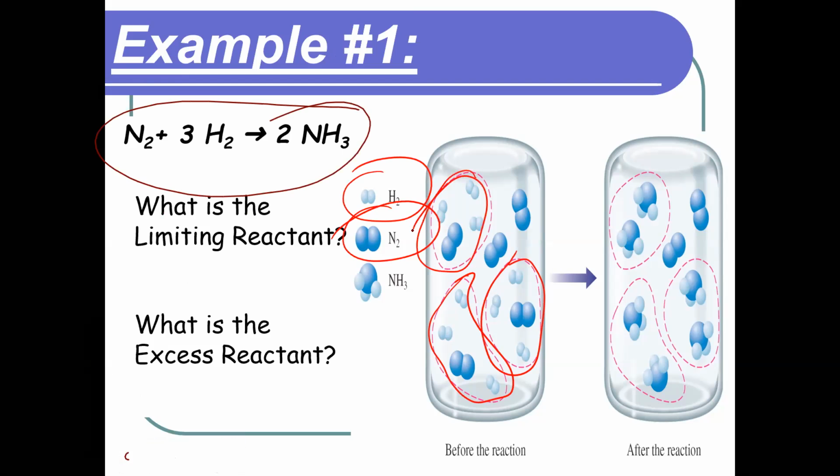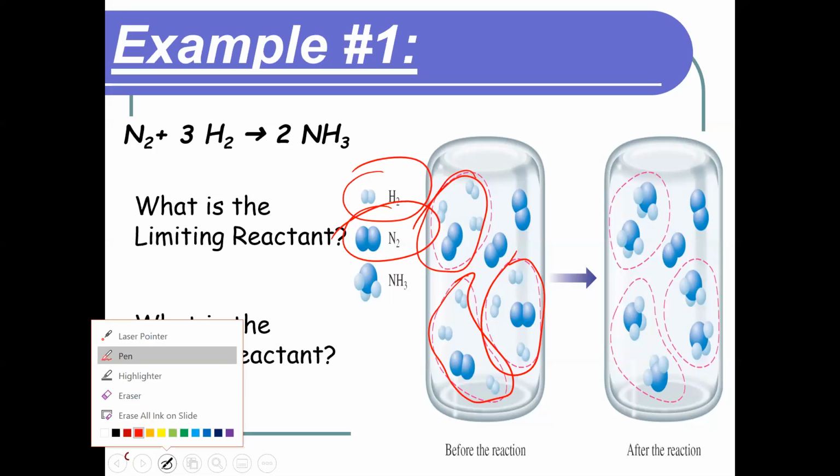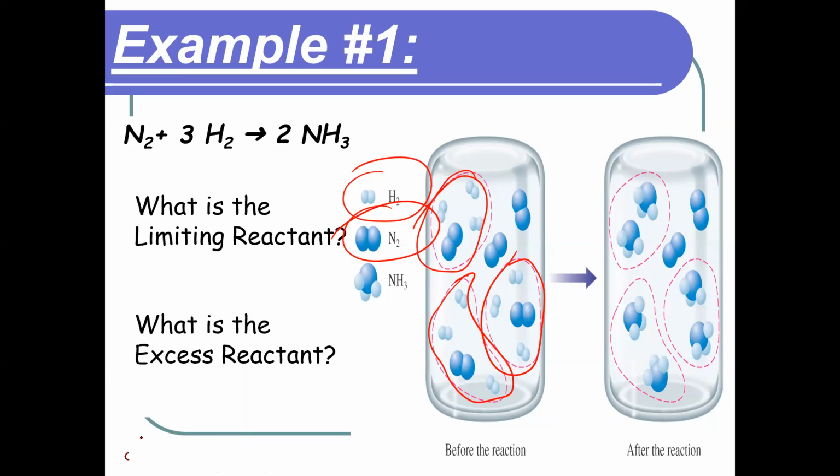Which one is the limiting, the one preventing us from making more, and which one is going to be the one where we have too much? Anyone? Which one is preventing us from making more, and which one do we have a lot of?